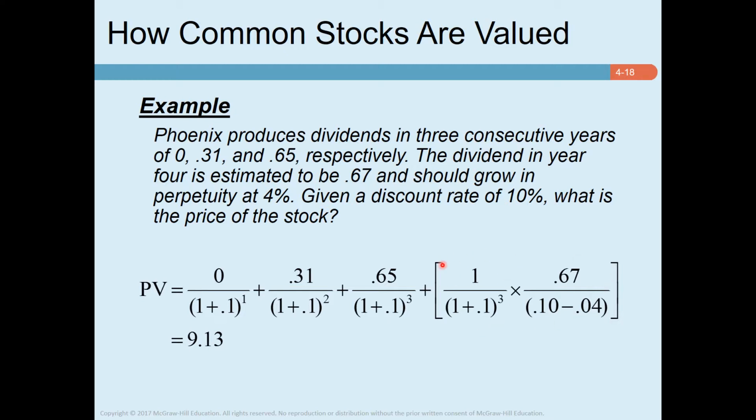So this part is the present value of the growing perpetuity from year 4 onwards, that means at the end of year 3 onwards. So this is the present value of the dividends up to year 3 and this is the present value of the growing perpetuity at the end of year 3. And we sum them up to get the present value, which is 9.13.